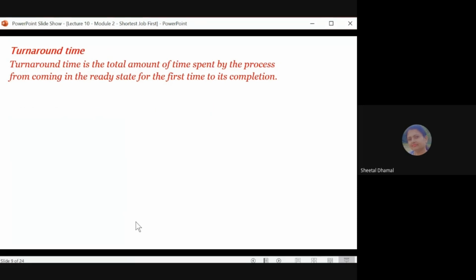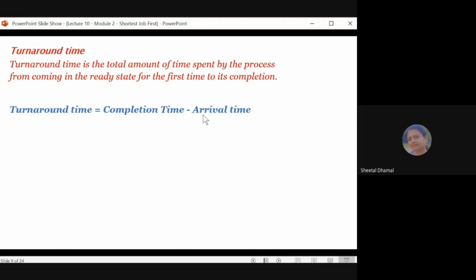So what is the turnaround time? It is the total time spent by the process in the primary memory. So in primary memory, there are only two states, the ready state and the run state. So the total time spent by the process in the ready queue as well as in the run state is nothing but the turnaround time. Now all the processes are not entering at 0 time unit, the arrival times of all the processes are different. So how can we calculate the turnaround time?